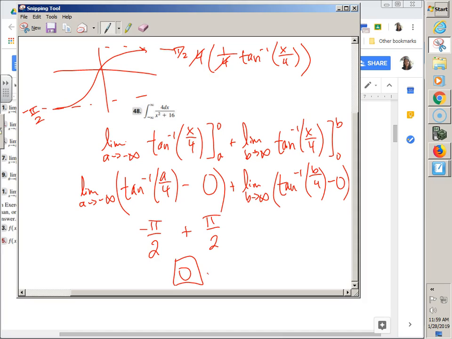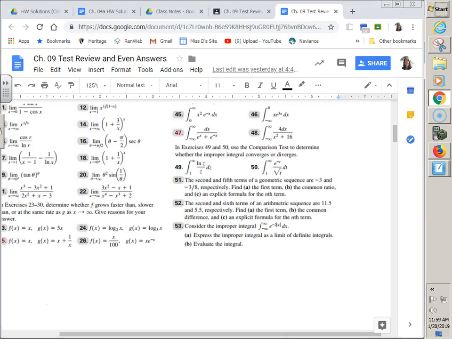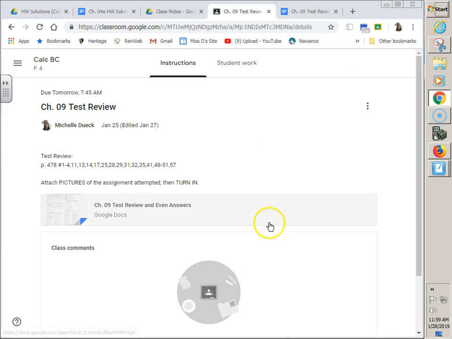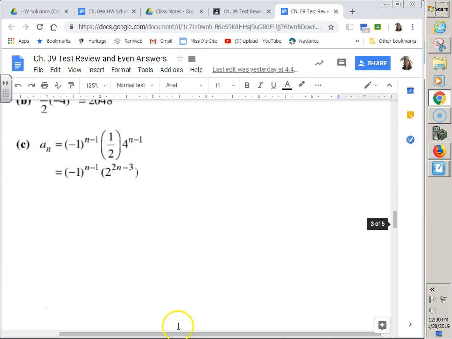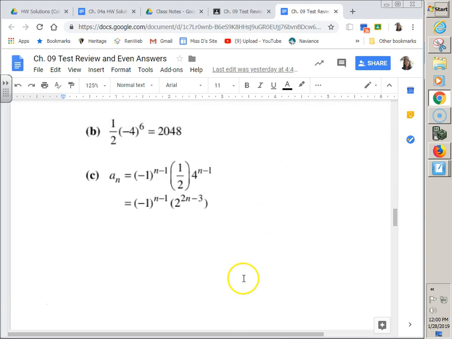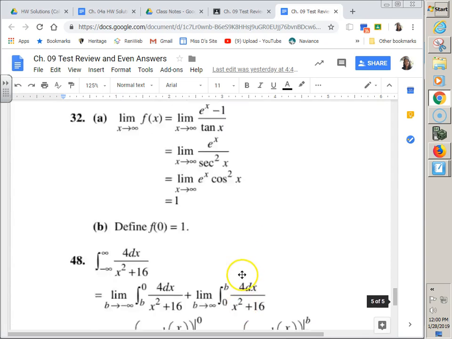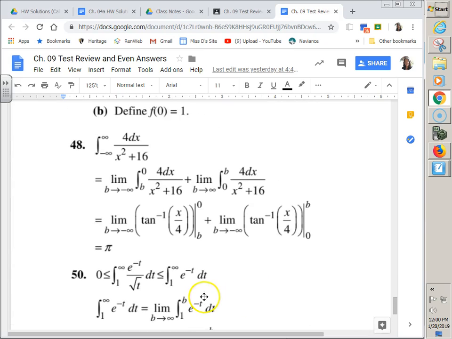What does it say? Sorry, I can check it in Google Classroom. That was number 48? What did I do wrong? Did I do a U sub wrong? Wait, seriously?